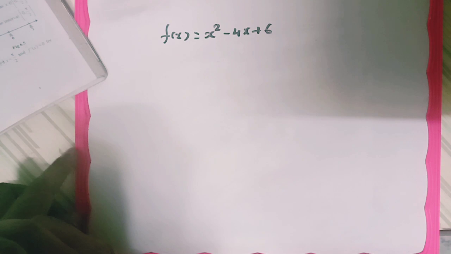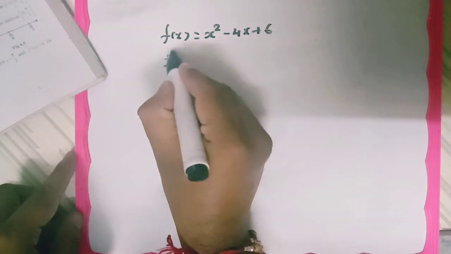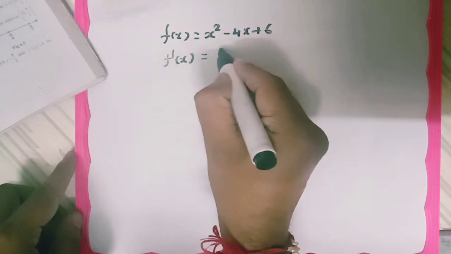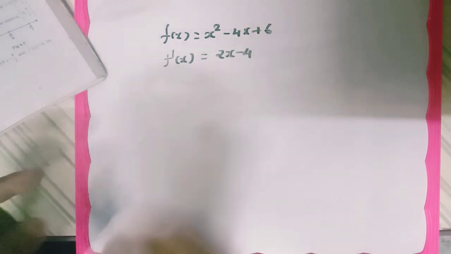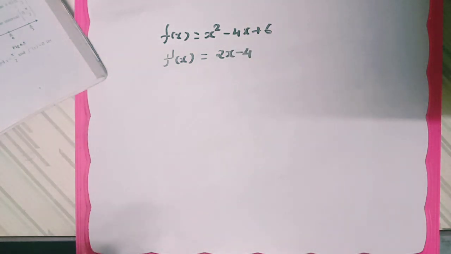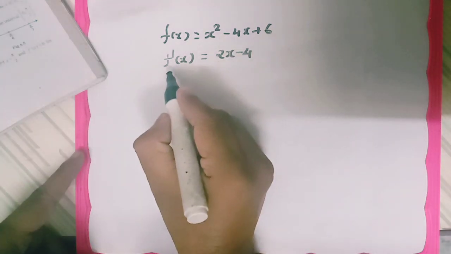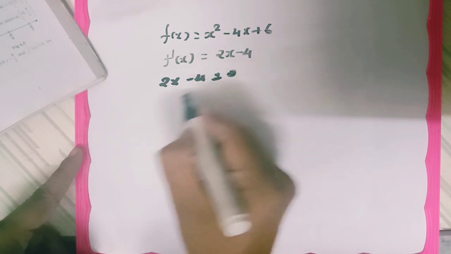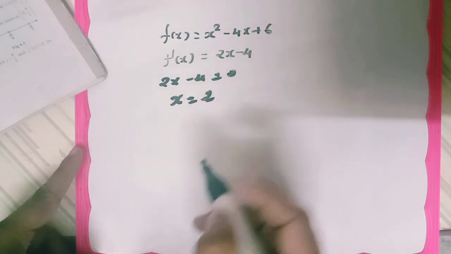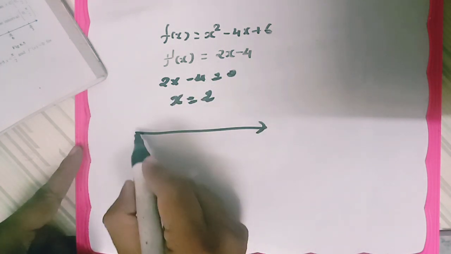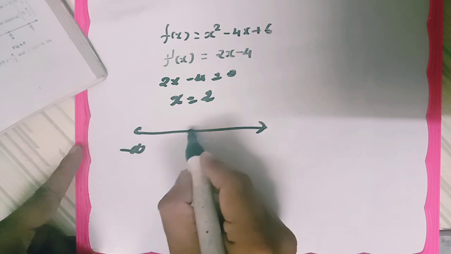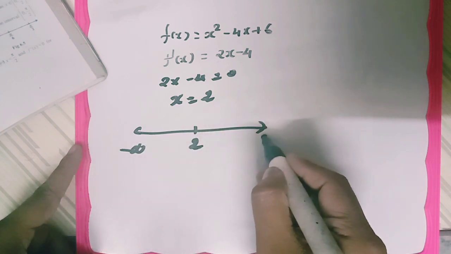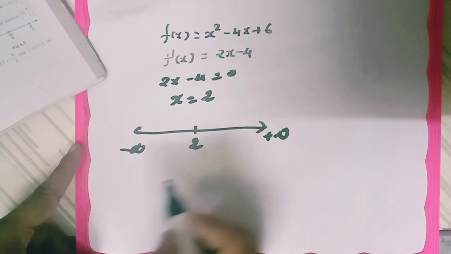Its differentiation with respect to x is f dash x equals 2x minus 4. And so we will find out where f dash x is 0. For that, the critical point, 2x minus 4 equals 0, then x equals 2. And so we represent on the number line, minus infinity to 2, and 2 to plus infinity.